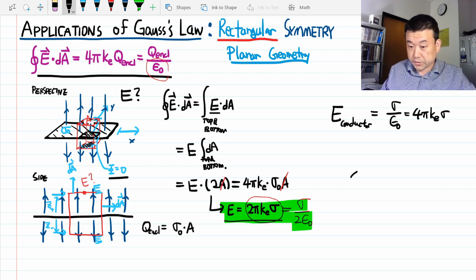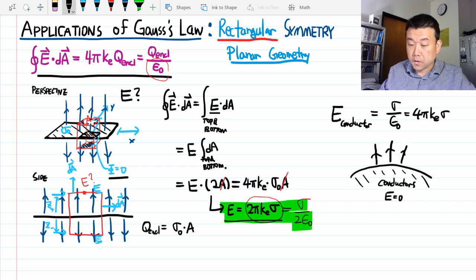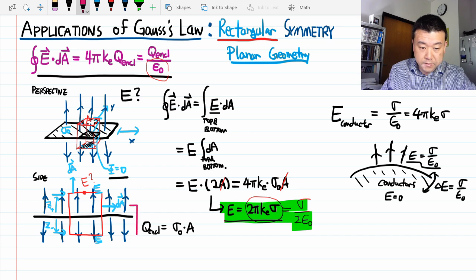With the conductors, the electric field inside the conductor is 0. So if you have electric field here of magnitude sigma over epsilon naught, look at the difference in the electric field. It's the same difference you see between the top and the bottom regions.